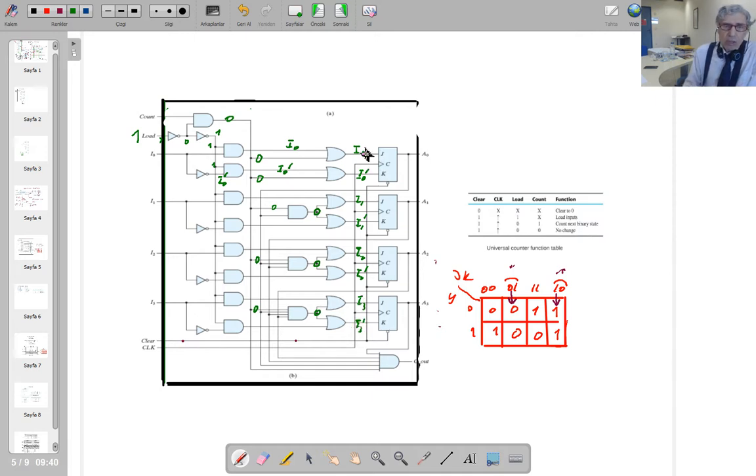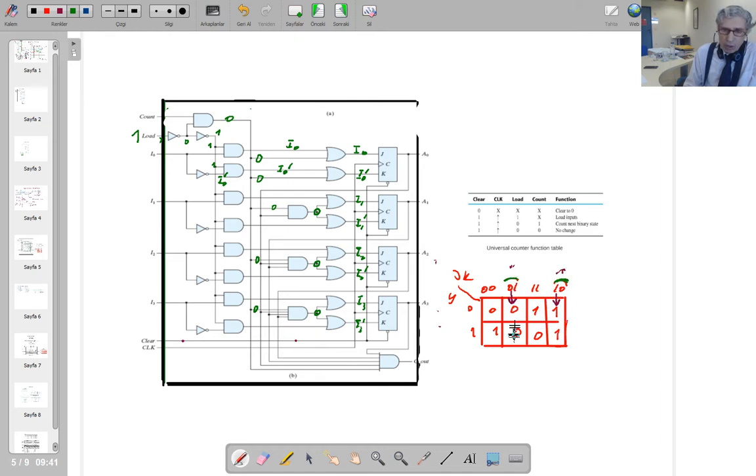The meaning is this: when the J and K inputs are I0, I0 prime, that means opposite to each other, isn't it? Opposite to each other happens in these two cases. That's the definition relation of the JK flip-flop. In here, JK values are the same. When it is opposite, you are either on this column or on this column.